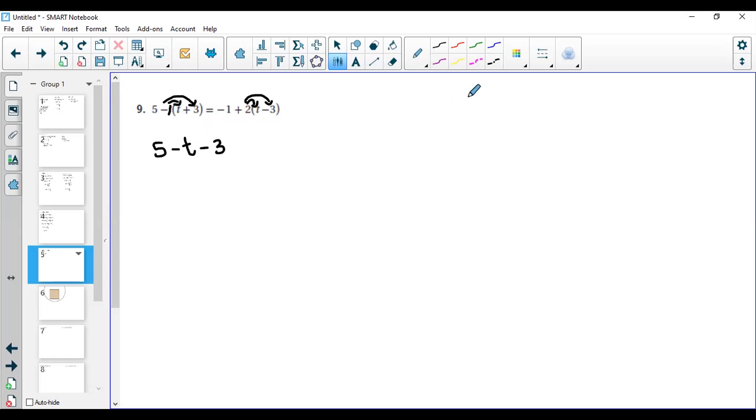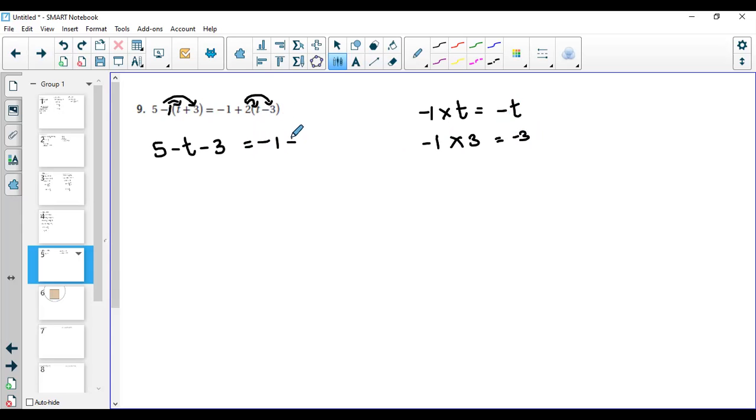Negative 1 multiplied by, and let me write it down here in case anyone has a problem. Negative 1 multiplied by t will give you a negative t. Then negative 1 multiplied by 3 will give you a negative 3. Okay. Then equals negative 1.